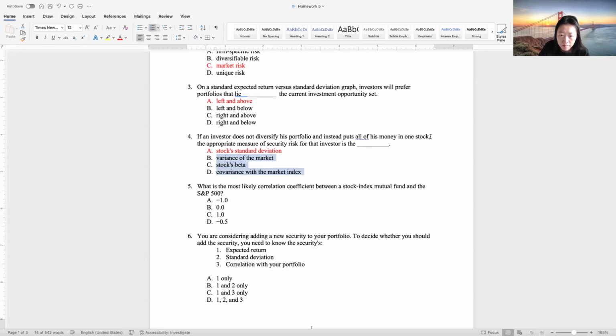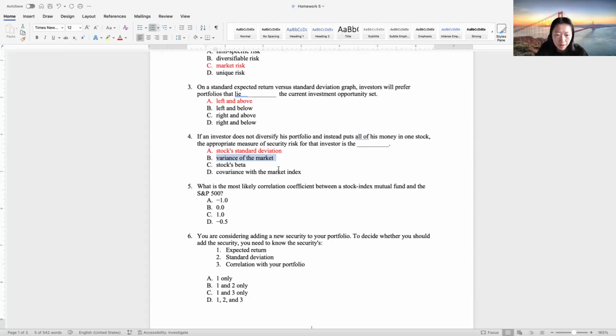Now, the stock's risk includes firm-specific risk and its systematic risk, and standard deviation captures the total: firm-specific risk plus market risk. Now, the variance of the market is capturing the total risk of the market, so it's not specific to the stock. And then the stock's beta is capturing the stock's systematic risk, so it's just one part of the risk that the stock has.